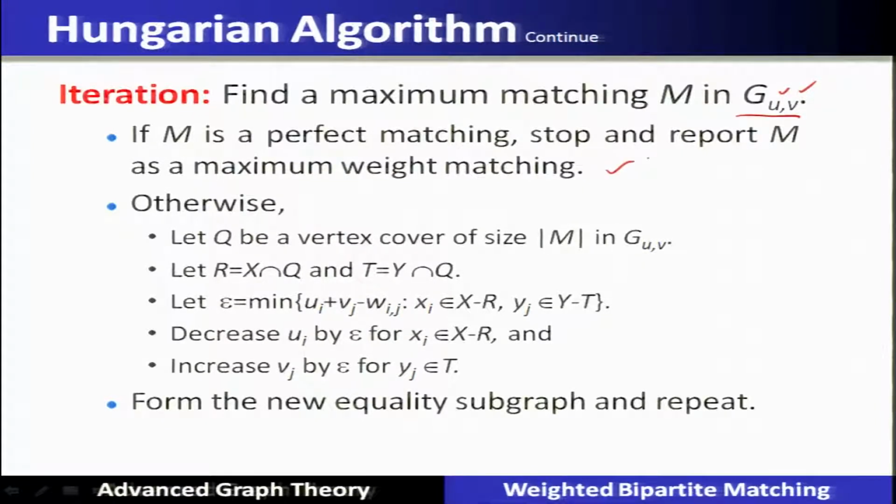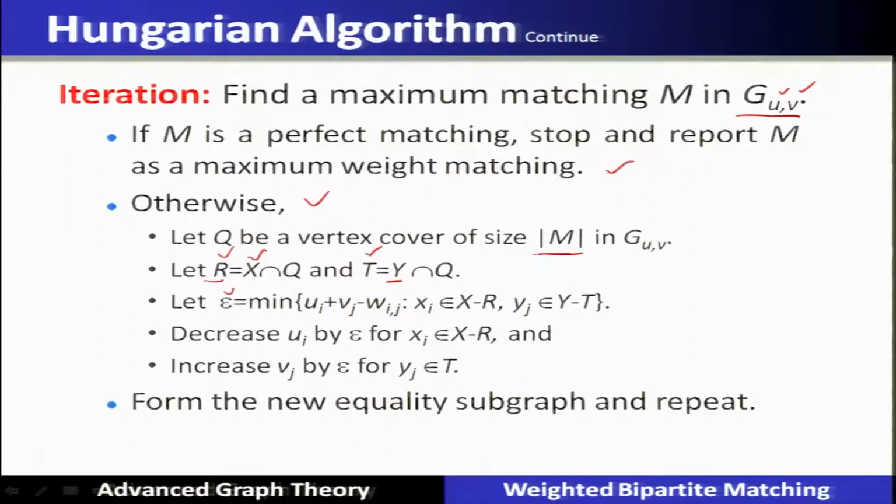Otherwise, since Q is the vertex cover of size |M| in G(u, v), let us find the set of vertices of this vertex cover in the X partite set as R, and the set of vertex cover vertices in Y as T. Then the next step in this algorithm is to find an epsilon.